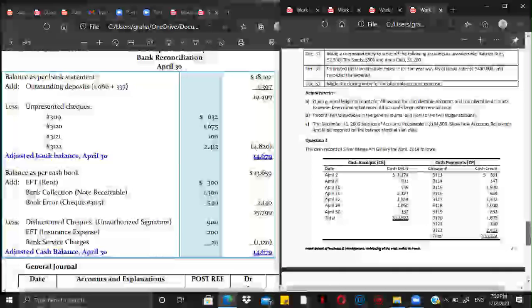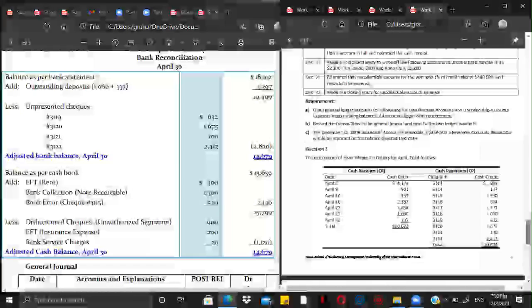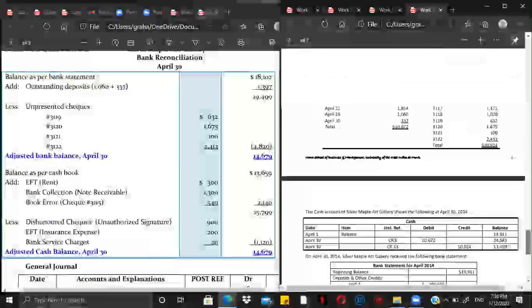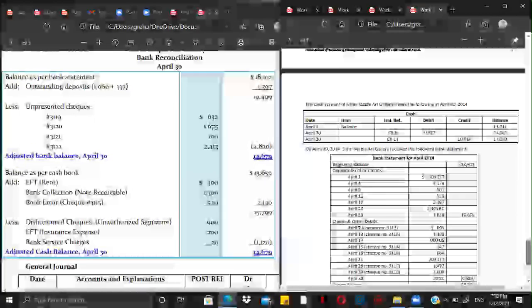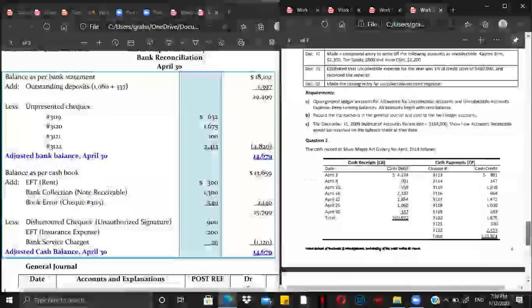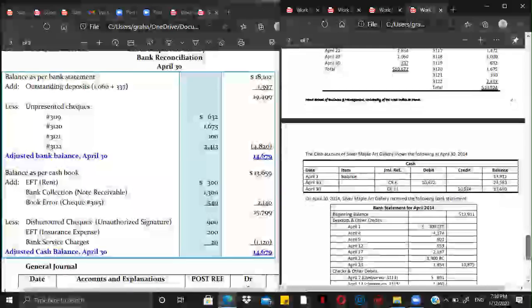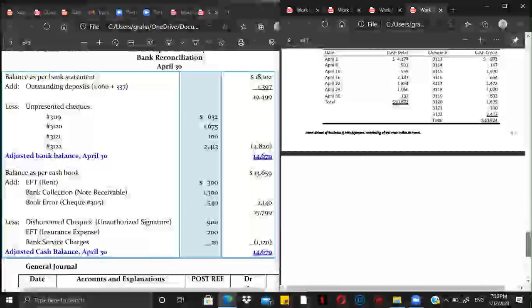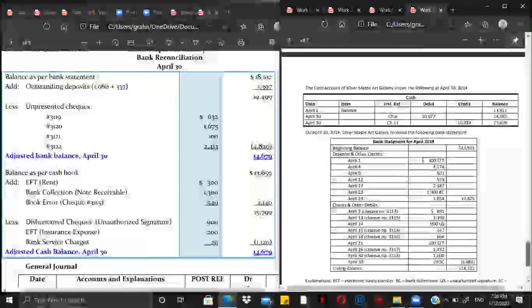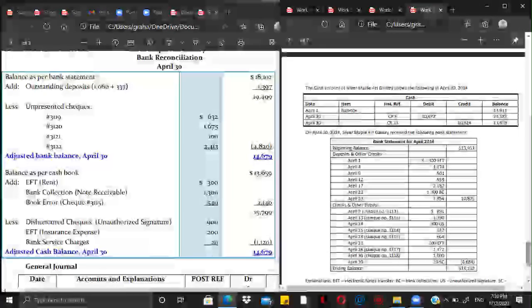So that is the first figure you put down, your balance as per bank statement. Before I move on, did you understand the additional data? Right. So balance as per bank statement, 18,102.